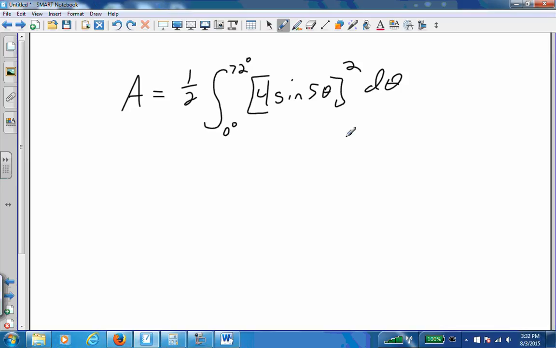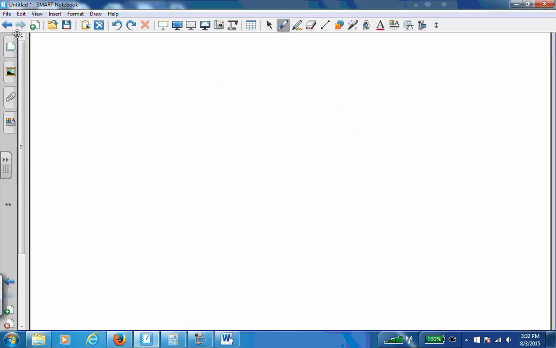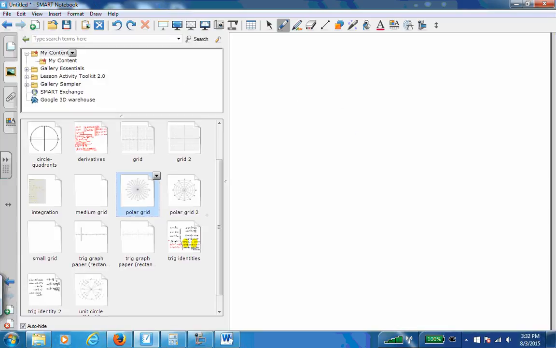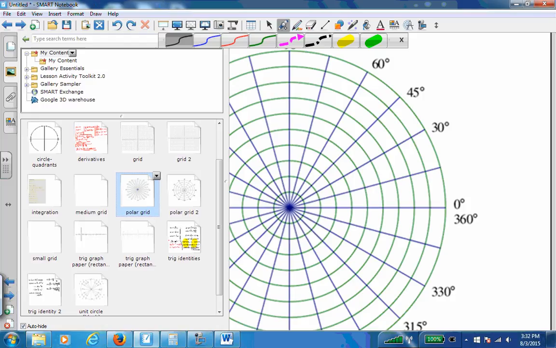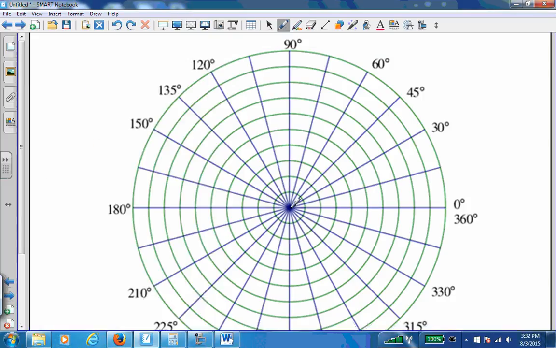So that'll be the area of that one petal. Yeah, if we look at that graph again. Let's see, we started at 0, and then our first tip was at what, 32 degrees? 18. Was it 18?